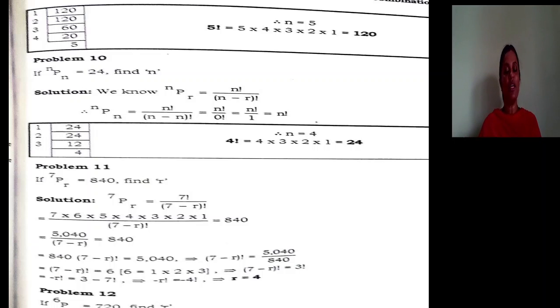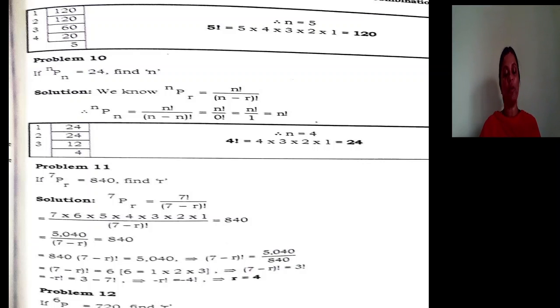See here, there is one more question. If 7Pr is 840, find r. What is 7Pr? 7 factorial divided by (7 minus r) factorial. 7 factorial we know, (7 minus r) factorial we don't know, because 7 we know, but r we do not know. That's why 7Pr is equal to 840. So when we calculate 7 factorial, the answer is 5040, divided by (7 minus r) factorial is equal to 840.